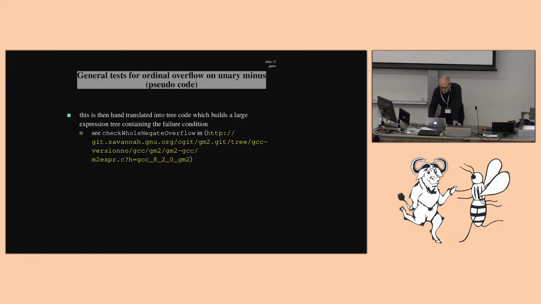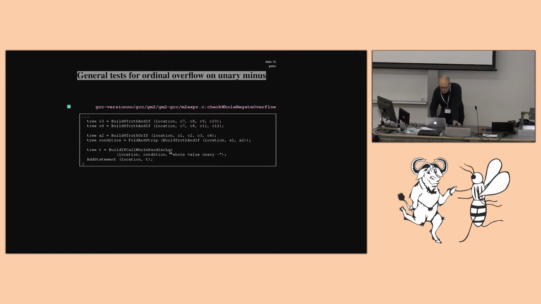And that's converted into a sequence of GCC trees. I haven't shown the complete function here because it would be too messy, and if you really want the full thing, it's in the source code, gm2/gcc/gm2/m2expression.c, in the function check-all-negate-overflow. The last few lines are just standard trees that it's generating.